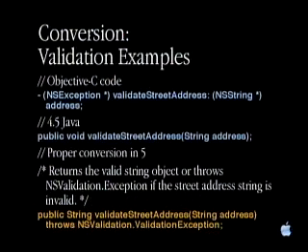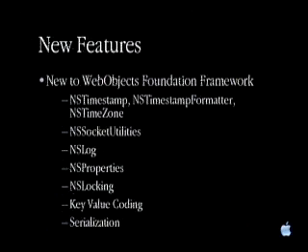Again, we pass in a string, which is down there in the bridge interpreted as an NSString, which can be mutable if it needs to be, and we return a void. Or we don't return anything, I suppose would be a better way to put it. And the final one is the correct way to do this in WebObjects 5. Again, you see that we're taking a string parameter value, but also see that instead of returning a void, we now return a string and throw a validation exception. That's pretty much all there is to it.